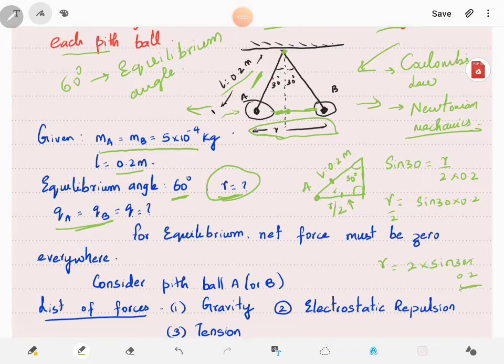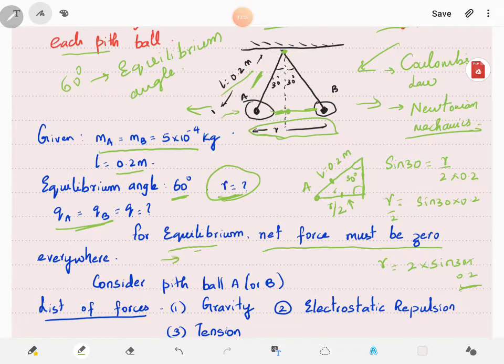Right. So since the equilibrium angle has been given to us, what does equilibrium actually tell us? Equilibrium refers to the net force being 0 everywhere. So for the net force to be 0, forces have to be balanced.